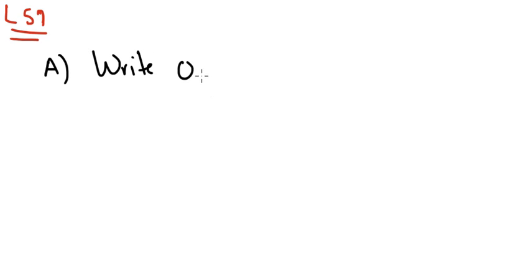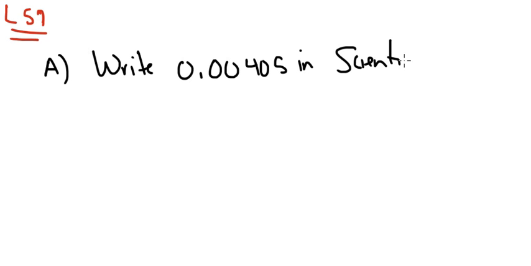Write 0.00405 in scientific notation. You have to know what scientific notation is. All right, Amanda, Pauline, I see your hands. This is lesson 57. It's the little red 57 right there.